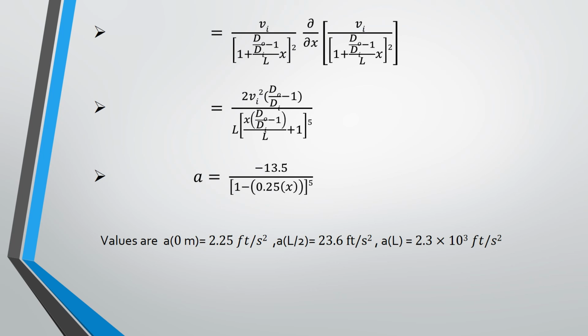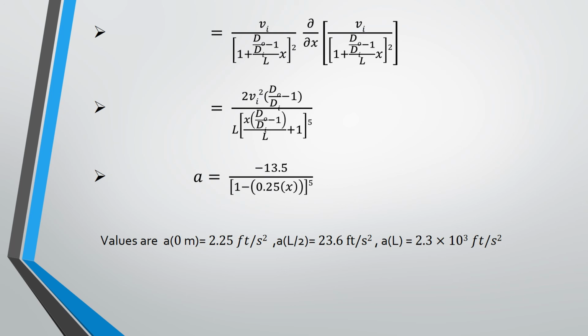Solving the above equation, we get Vi by 1 plus do by di minus 1 by L into x whole square into dou by dou x of Vi by 1 plus do by di minus 1 into x by L whole square.